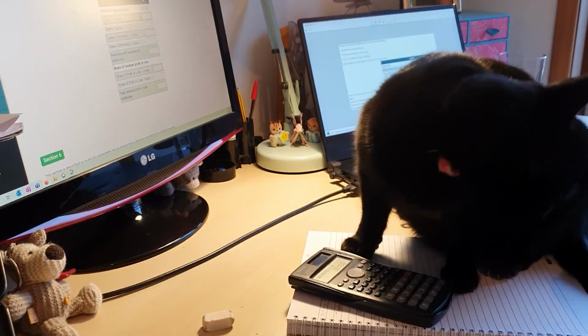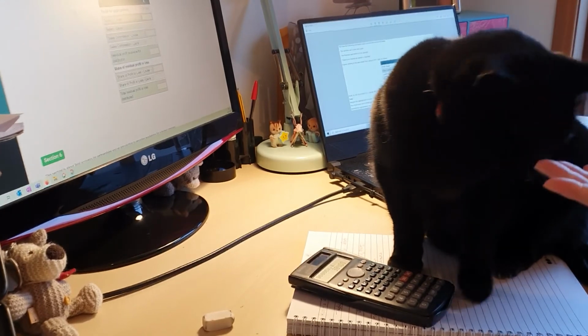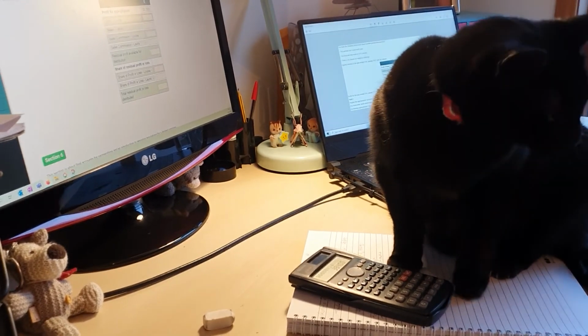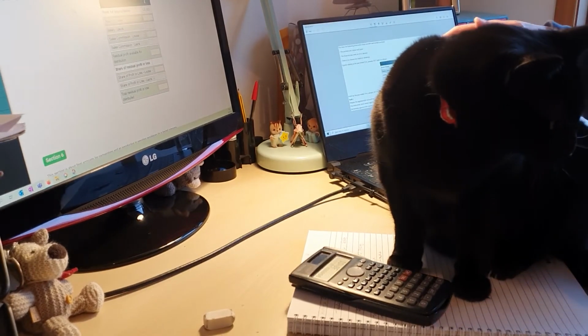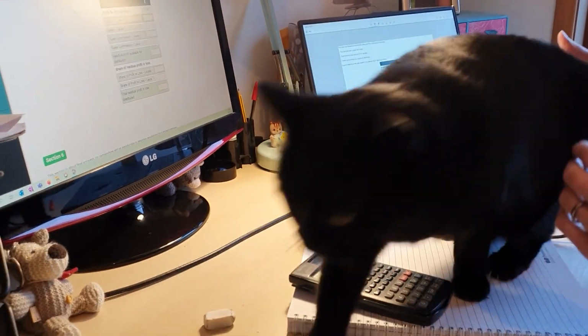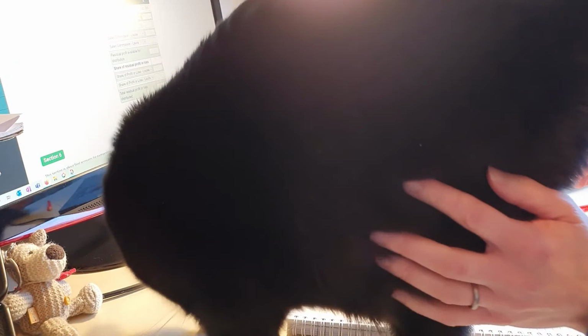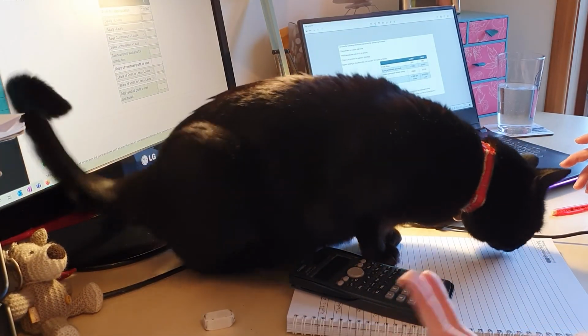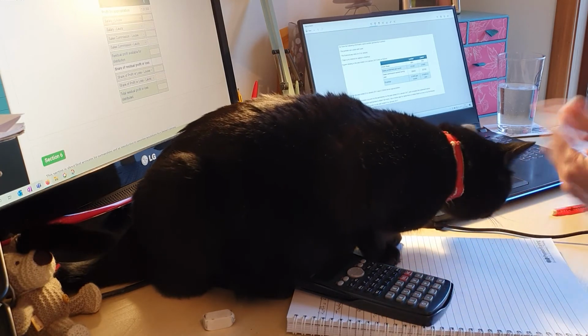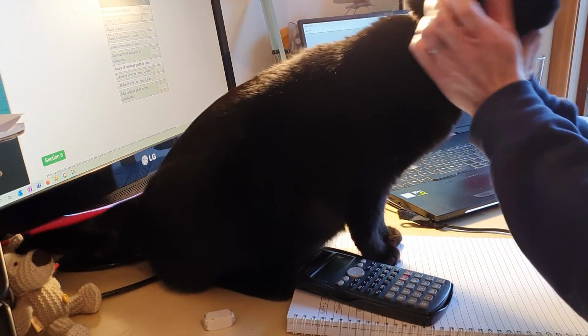Are you helping? Oh, you stink. Why do you smell so bad? Oh, Pussycat. You really smell really bad. Did you just fart or something? Stinky cat, honestly.